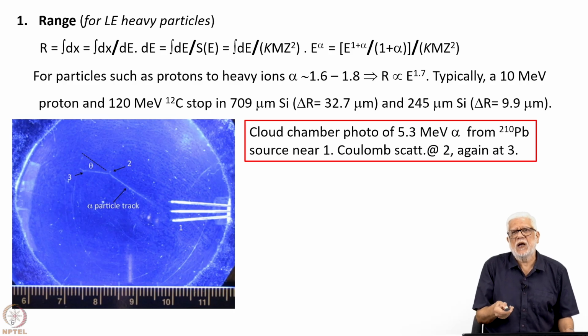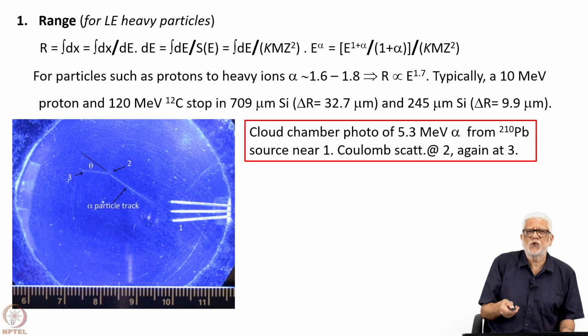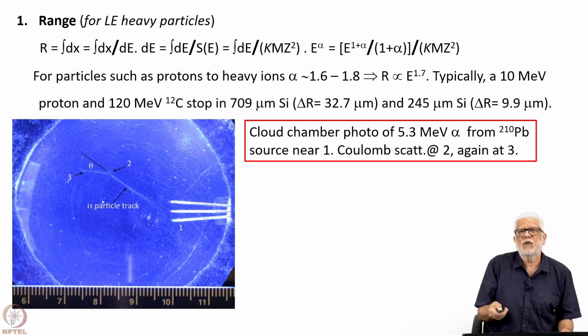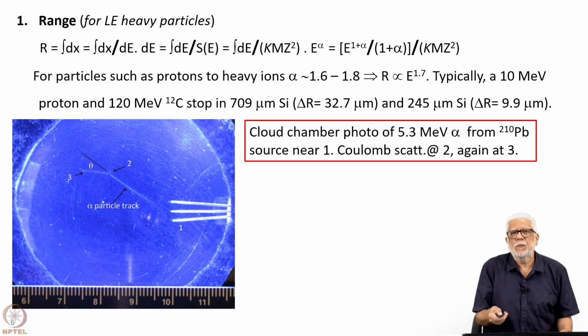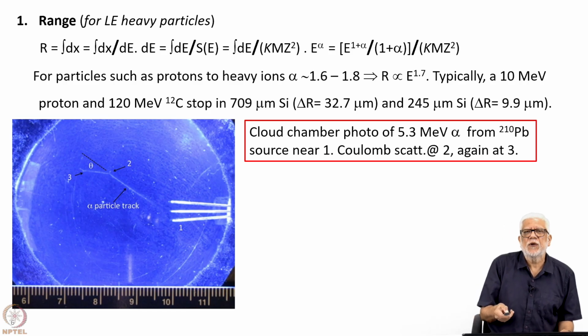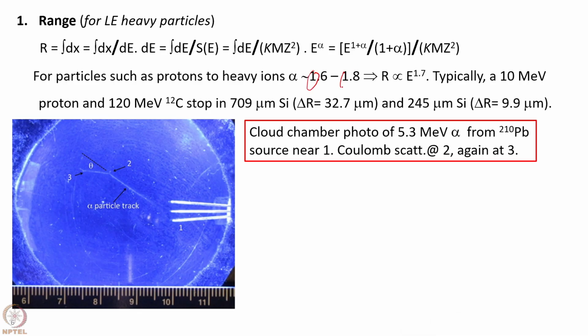Now from that formula, alpha should be 1, but in practice, because there is a logarithmic term, you can approximate that dependence through an alpha which is not exactly 1 but slightly less than 1. So for particles such as protons to heavy ions, this alpha is of the order of, I think there is a typo here, this should have been 0.6 or 0.8. Okay, there is a typo, we'll correct it in the final slides.